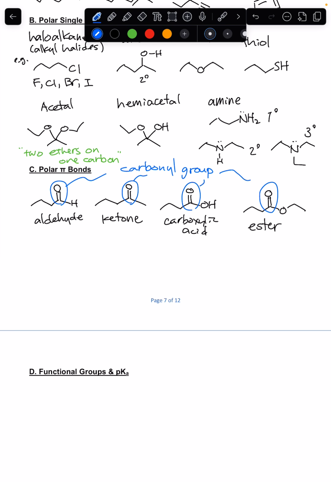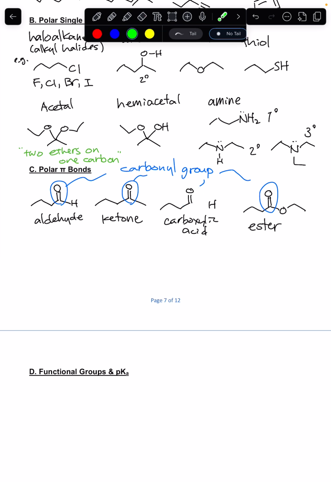Sometimes students make this mistake of calling everything that has a carbonyl group a ketone, but it's not. This is not a ketone. A ketone has to have a carbonyl that's flanked by two carbons. An aldehyde has a carbonyl that's flanked by a carbon, but then it has a hydrogen on it, so that makes it quite different.